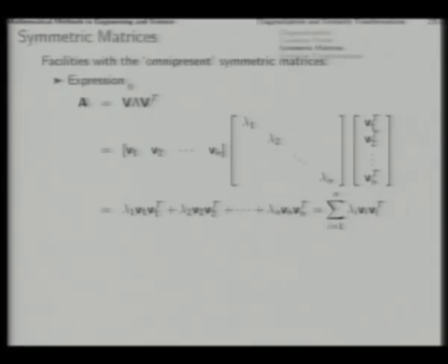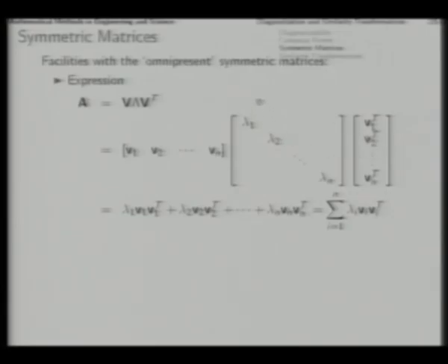First of all, this expression A equal to V lambda V transpose can be written in expanded form like this. If you try to multiply these three matrices and open it in the form of an expression, you will find that you get lambda 1 V1 V1 transpose, because if you first multiply these two, you will get lambda 1 into V1 transpose plus 0 into this plus 0 into that, and so on.